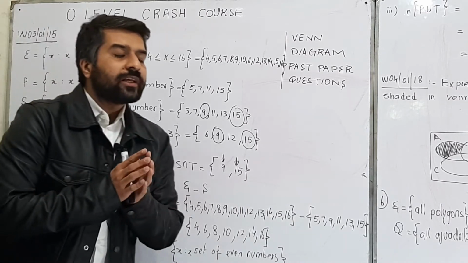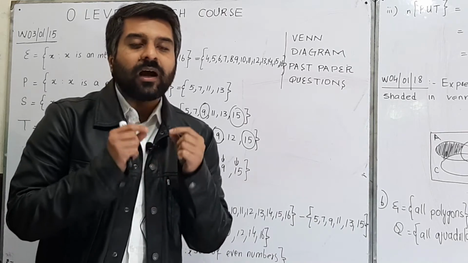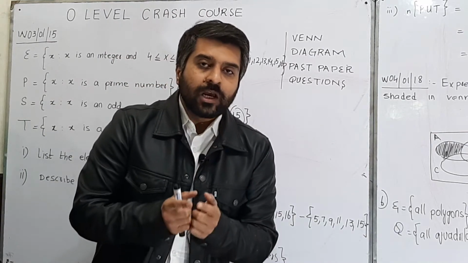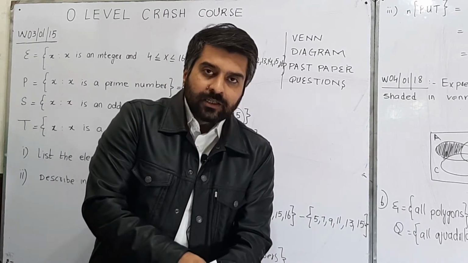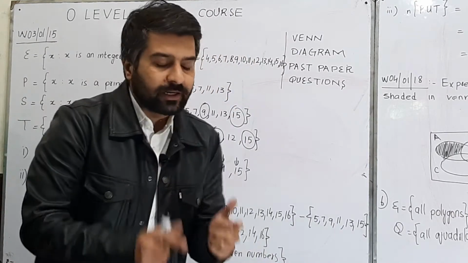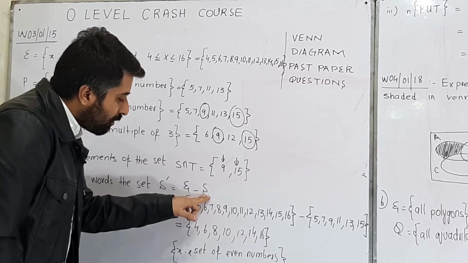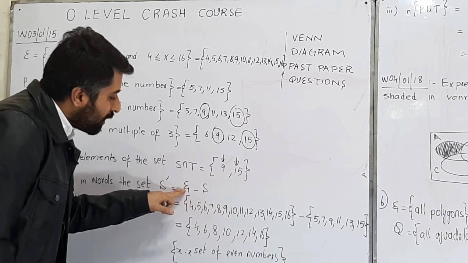Suppose if I am going to take the complement of A, then I will subtract the elements of A from universal set to get A complement. In case of S complement, you will subtract elements of S from universal set.